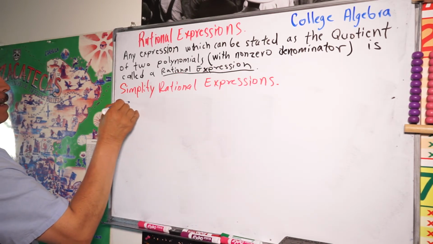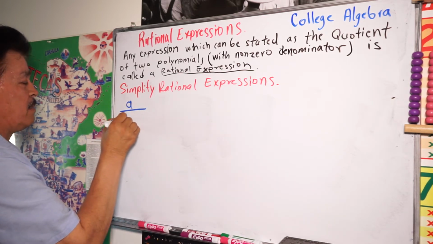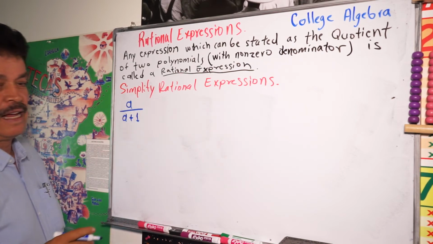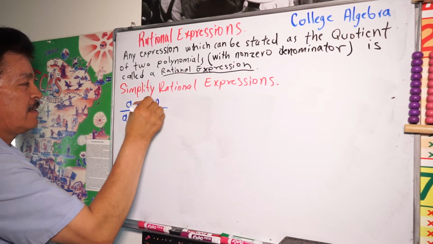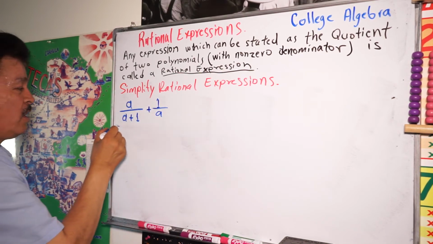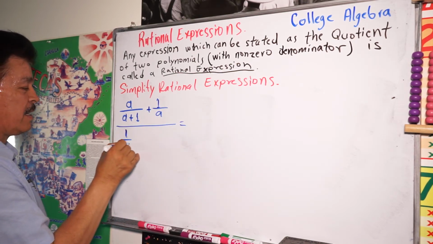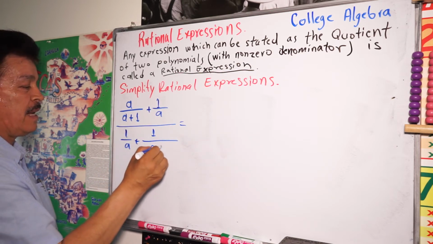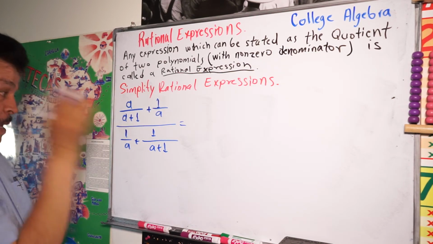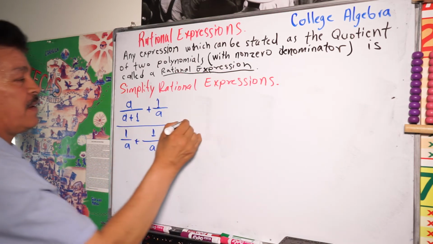We are going to write here a plus 1 over a, a complex number, plus 1 divided by a, and all this you have to divide by 1 divided by a plus 1 divided by a plus 1. It's like a complex number, right? Then you solve it.